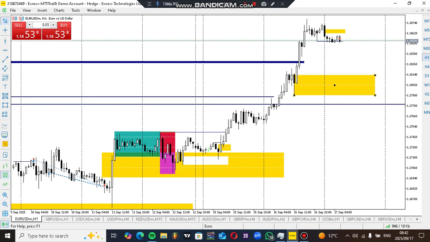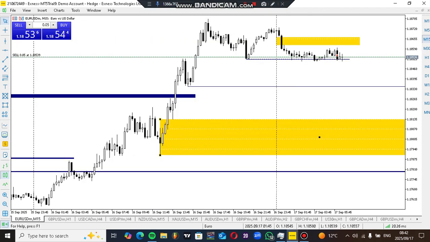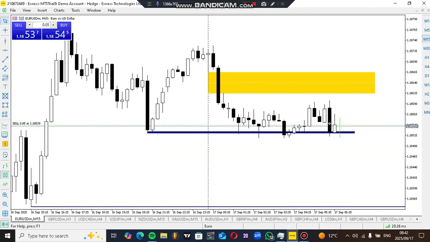However, I also knew that the movement to that downside is going to be quite slow. The market will take its time to drop to those areas because it's a retracement move. Nonetheless, if I went back to my H1, I saw the market has areas that it needs to take out.